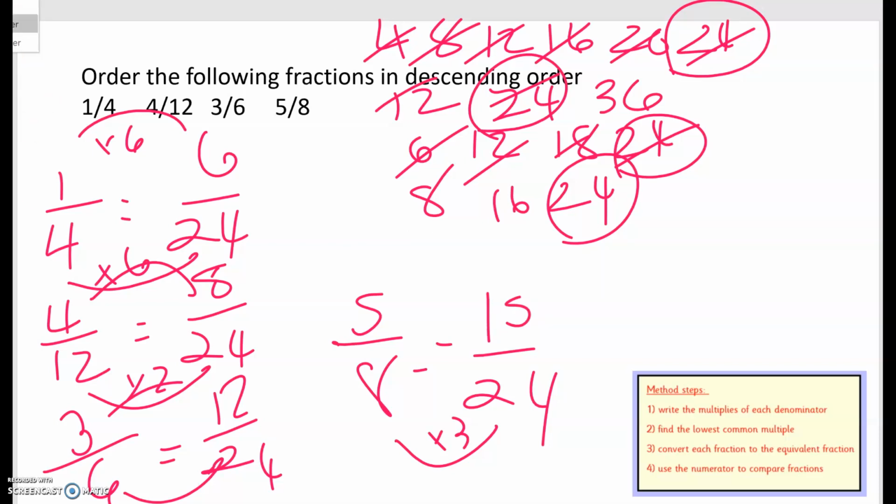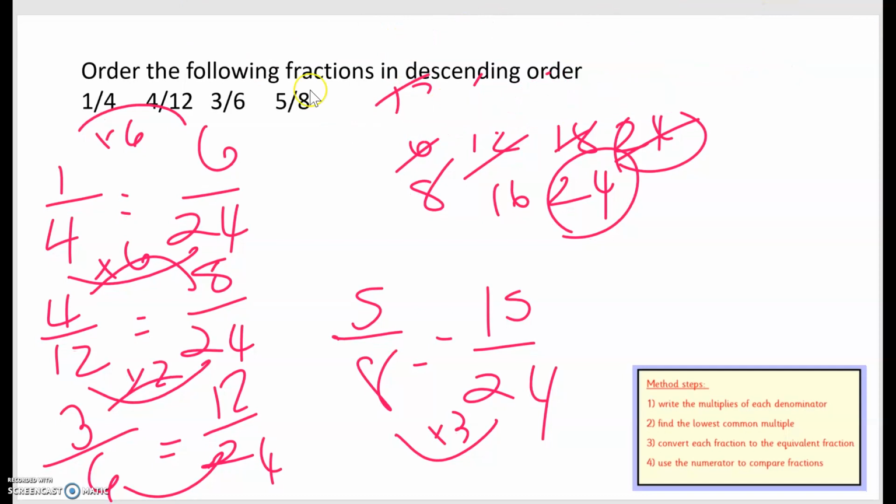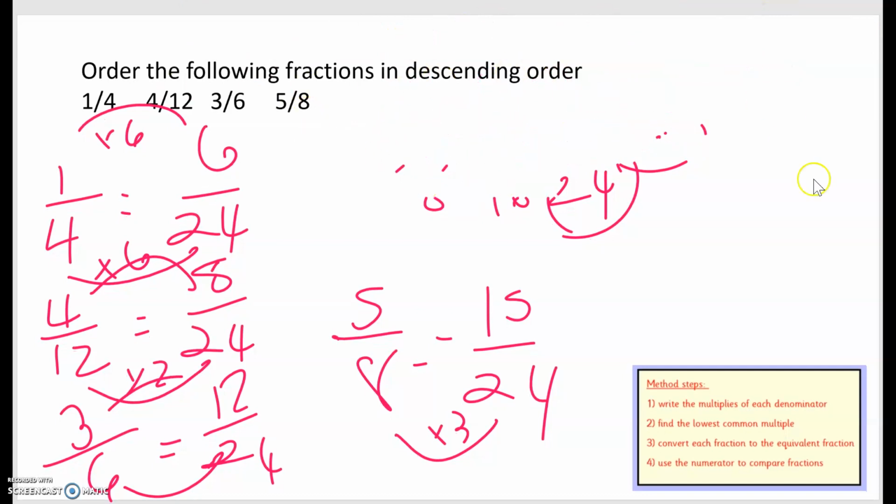Now I'm just going to have to rub out the multiples so we can do the next stage. So once you've got everything into 24ths, you can put all the 24ths into descending order. Now remember, descending order is down, biggest to smallest.